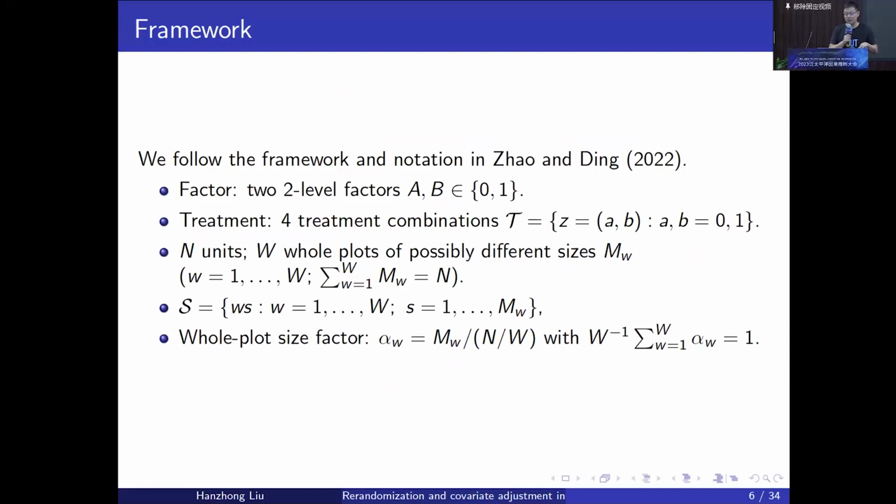Here, each group is a whole plot and each unit is a subplot. We index the s-th unit in the w-th group as ws. Let alpha_w denote the whole plot size factor with mean 1. For uniform design, alpha_w equals 1.